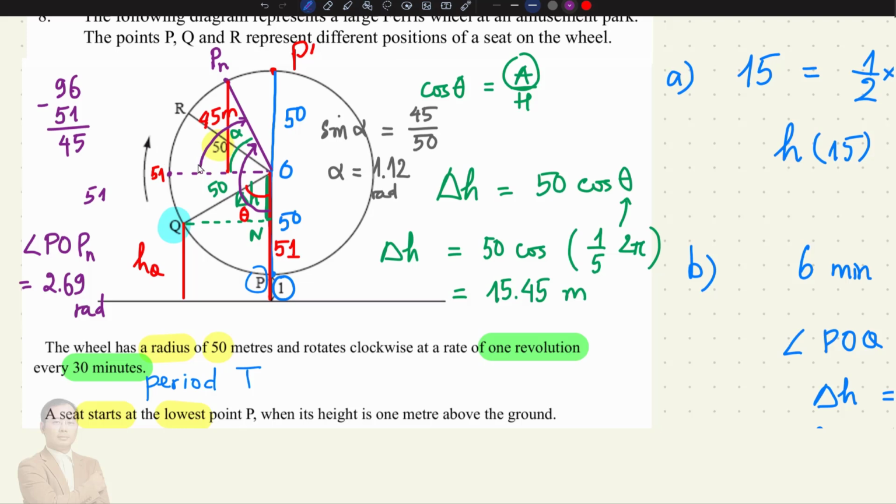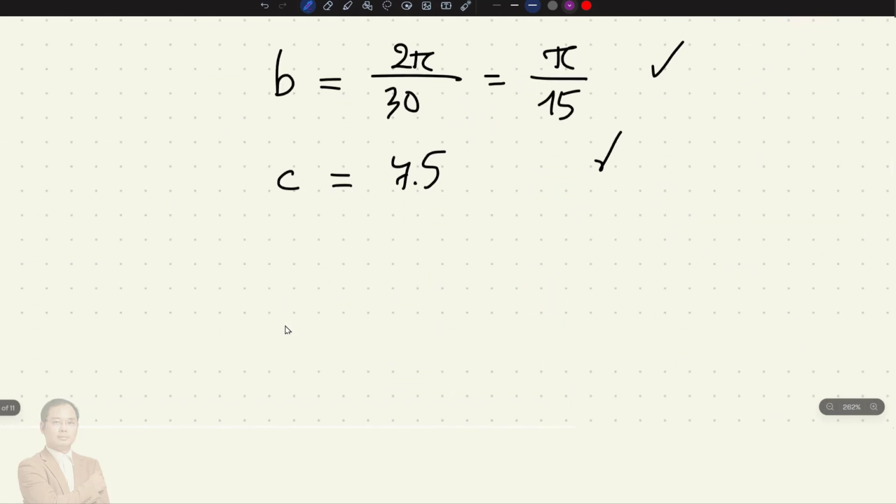Okay, so I want to find the time taken, for the first time since the start of the rotation of the wheel, for the position of P to be 96 meters above the ground. To find that time, I'm going to use the ratio between the time and the angle. The angle that we've just found is 2.69.